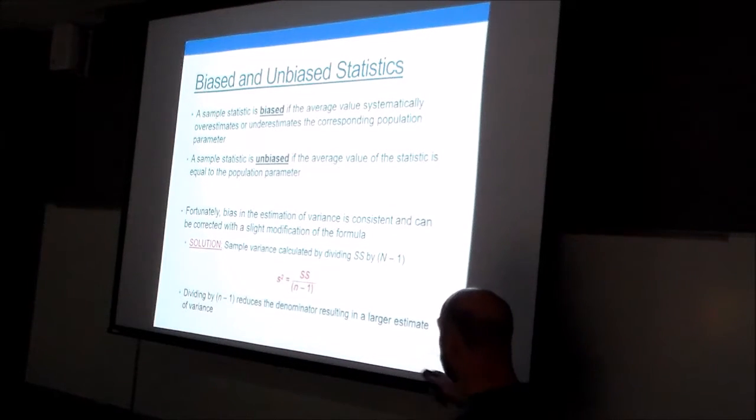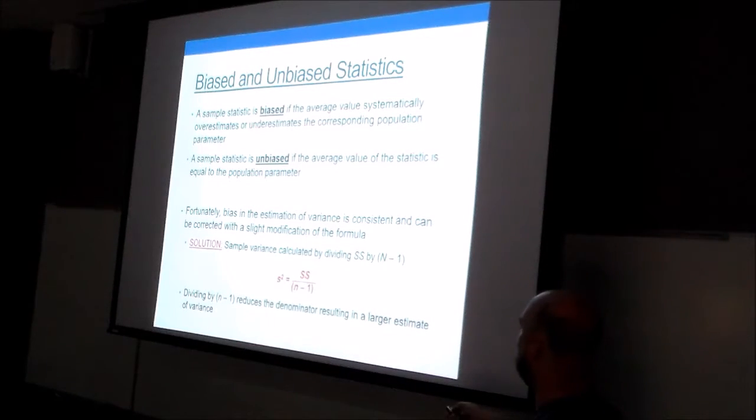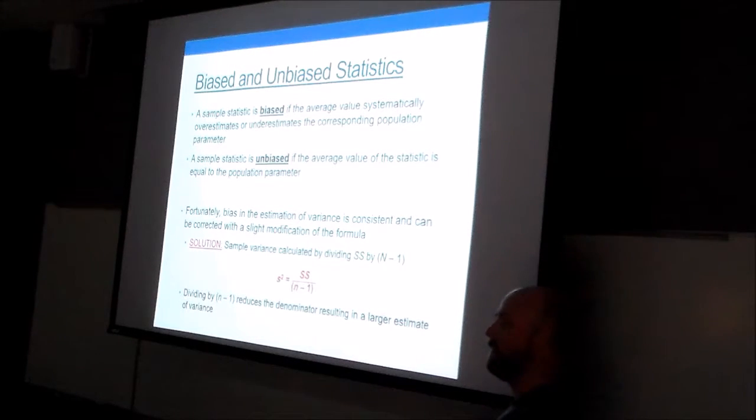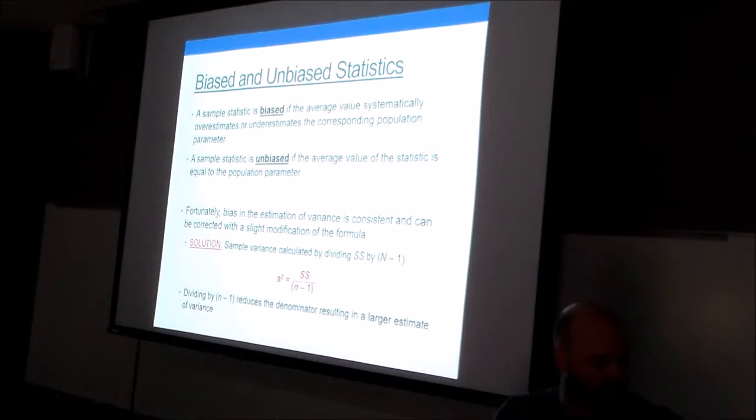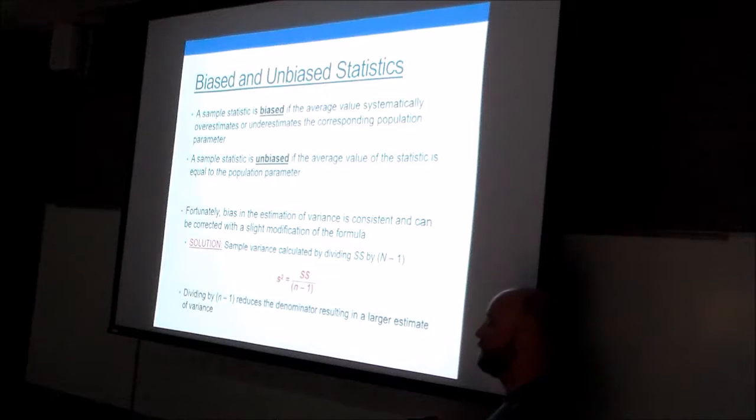Fortunately, we can correct this bias with a slight modification of the formula. What we're going to do is estimate our sample variance by taking our sums of squares and dividing it by the number of people in our sample minus 1. How is this going to systematically correct for underestimating population variance?